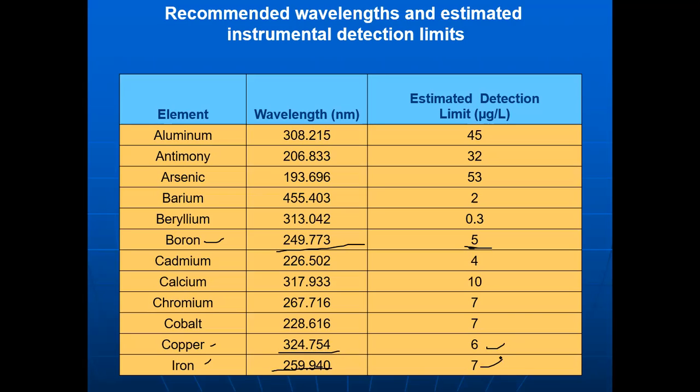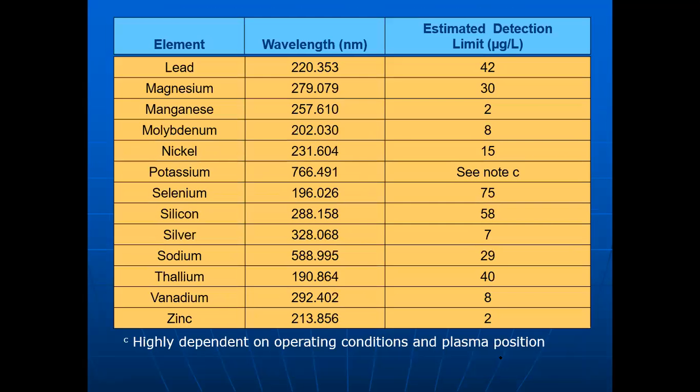So these are the different elements and the wavelengths we should use, from the recommended table of inductively coupled plasma. This is the continuation of the table: lead, magnesium, and silicon, mostly silicon, which is a major component in our soil.